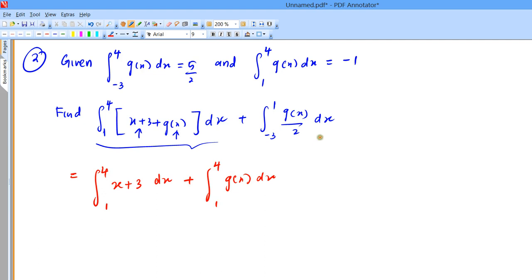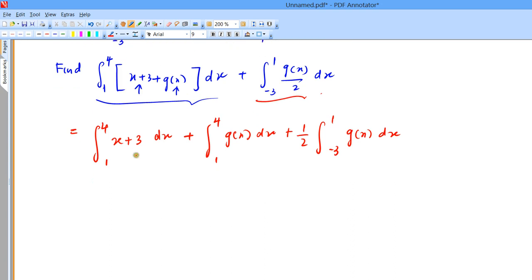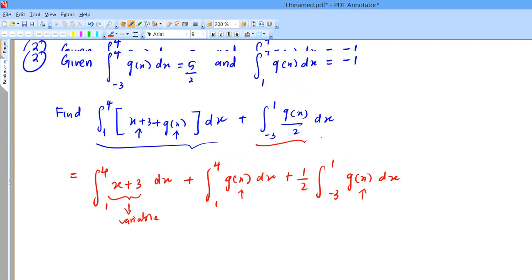And then for the second term, since we have the constant 1 over 2, we can factor it out. So plus 1 over 2 times the integral from negative 3 to 1 of g(x) dx. So we have 3 terms now. For the first term we have a variable, which means we need to integrate. For the second and third terms, we have a function name, which means we need to use the values from the given information.